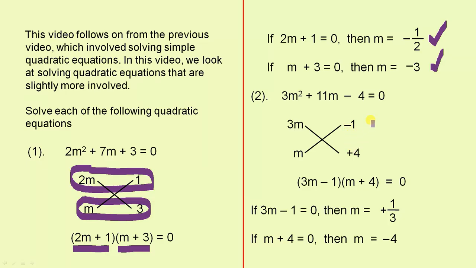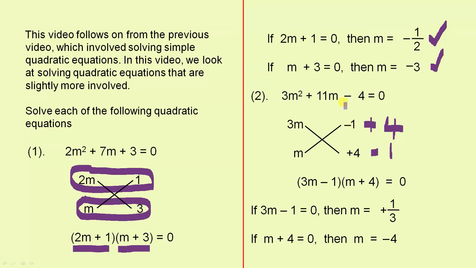Now it is possible to have plus 4 up here and minus 1 down here. You can also have plus 2 and minus 2, or minus 2 and plus 2. So you've actually got quite a few choices. But this is the only choice that works.